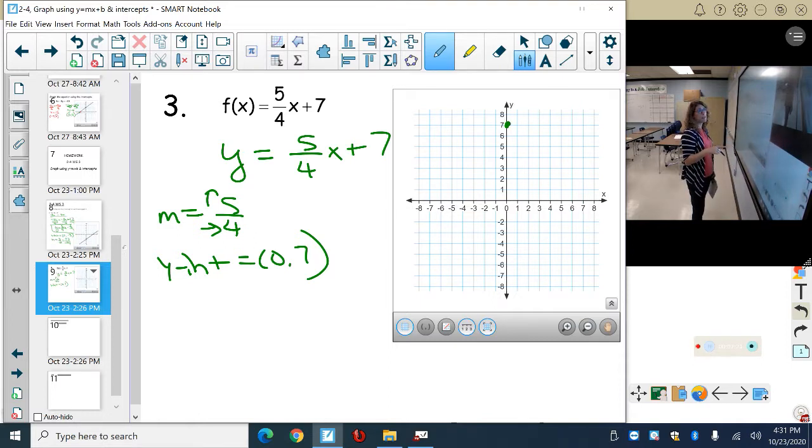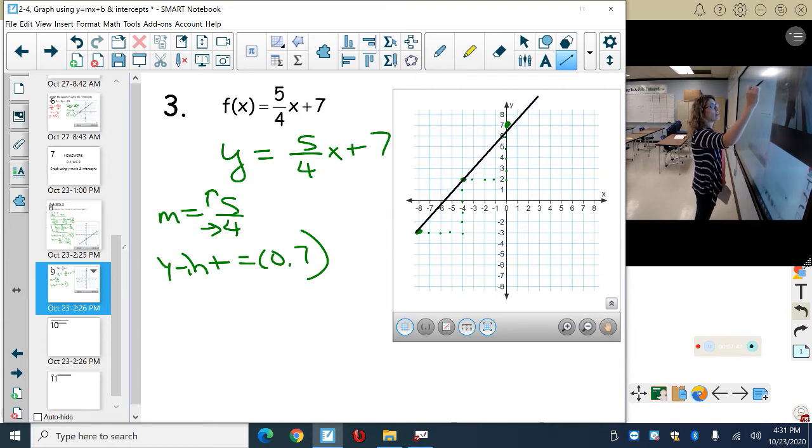And that's going to put me off the graph if I go up. So instead of going up, I'm going to come down 1, 2, 3, 4, 5. And my slope has to be positive, which means now I have to go to the left 1, 2, 3, 4. And connect the dots. And there's your line. Okay?